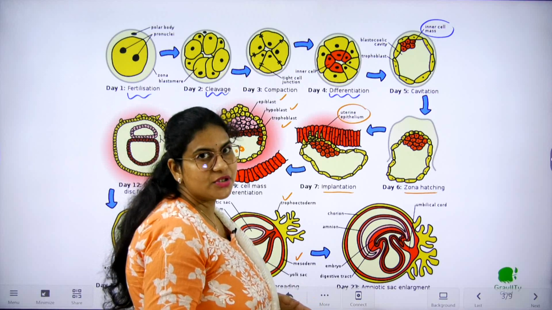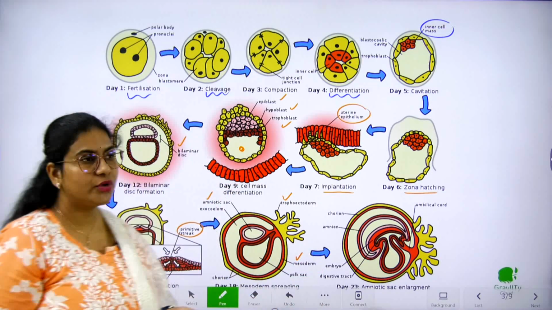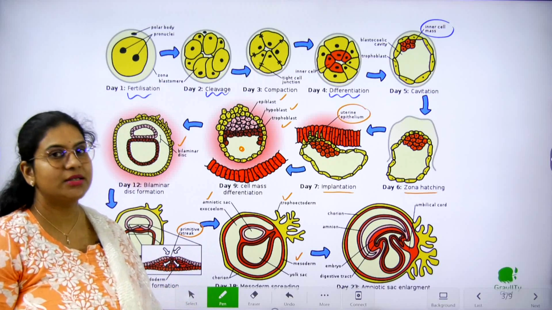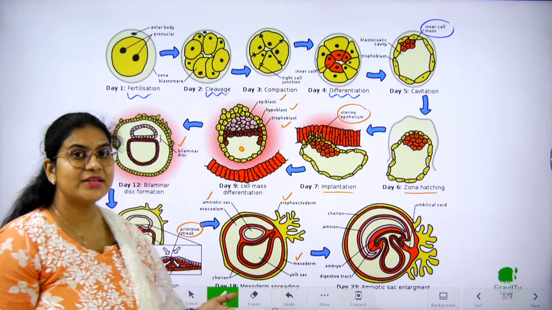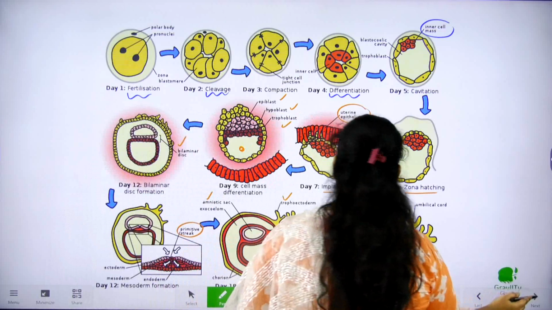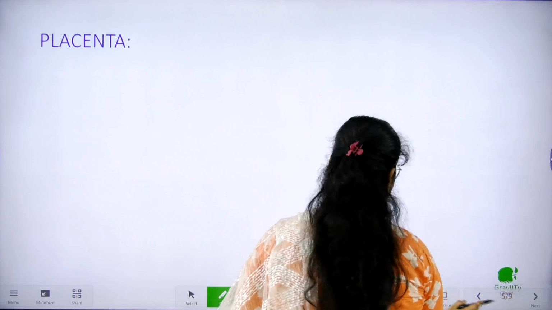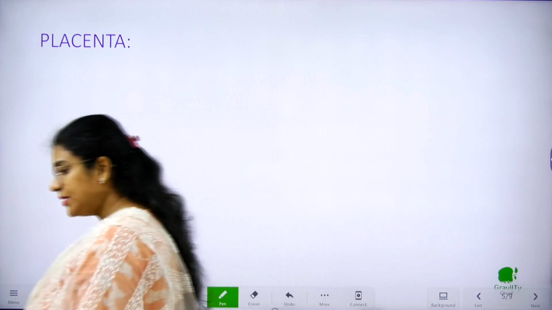You need not dig that much into it, like how the chorion is formed. They are from the trophoblast cells actually. Trophoblast cells are forming extra embryonic layers. Okay. So I hope you have copied this.